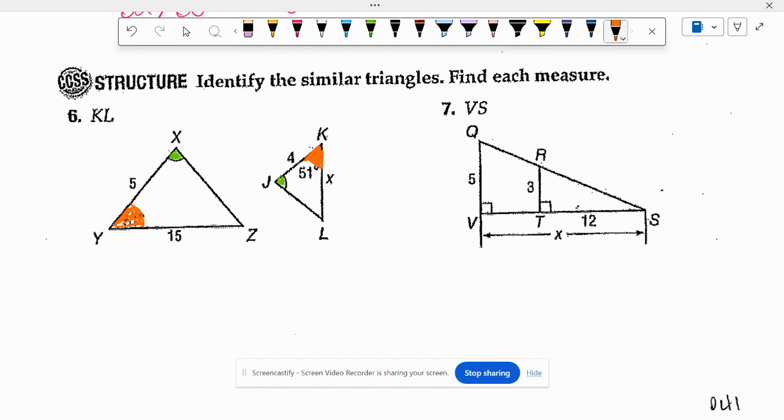So do we have angle similarity? Yeah, we have angle similarity, but we have side measures in there. How are we going to compare those? How are we going to find this measure? They're not right triangles.